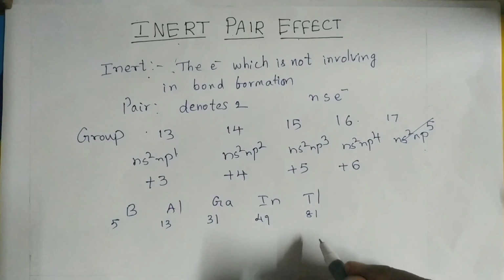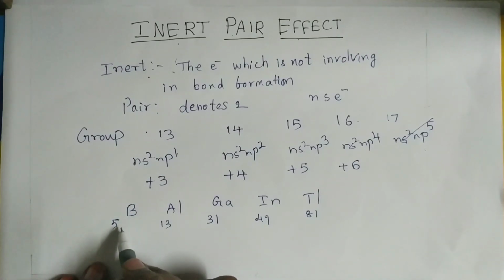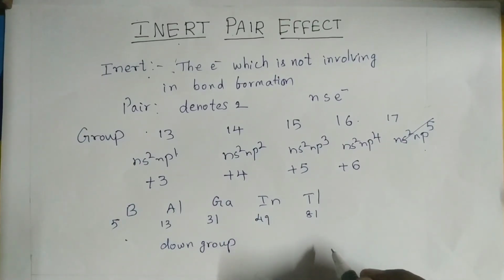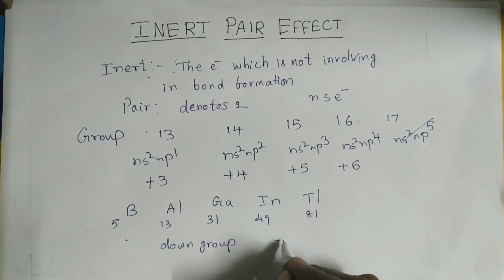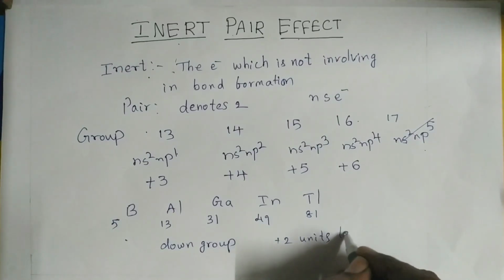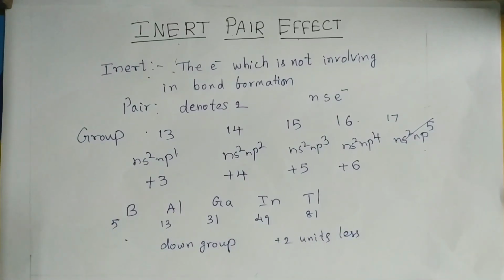As you come down the group, the oxidation number decreases by 2 units, that is, 2 units less than the normal oxidation state.